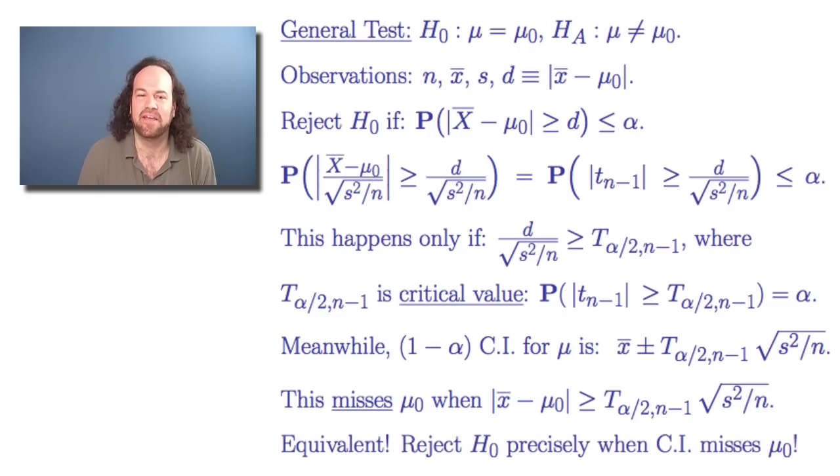But if you think about it, that's exactly equivalent. It's the same thing, because if the confidence interval misses this value, so this absolute difference is bigger than or equal to this value, well, that's exactly the same as saying that the p-value for the null hypothesis would be less than or equal to alpha. So we would then reject it.